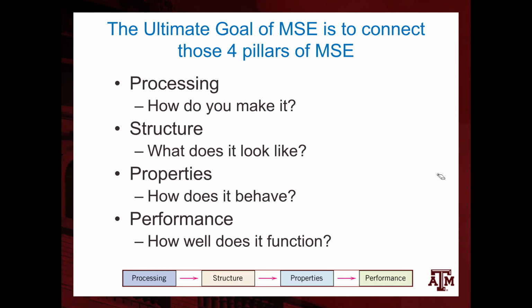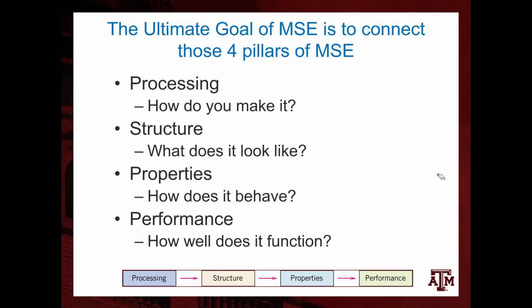So this is one of the most important takeaway messages, not just of this lecture, but of this entire course, which is: what is the ultimate goal of material science and engineering as a field?